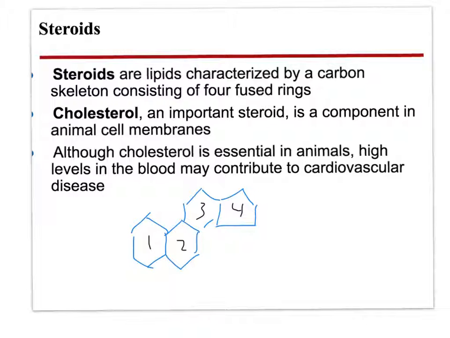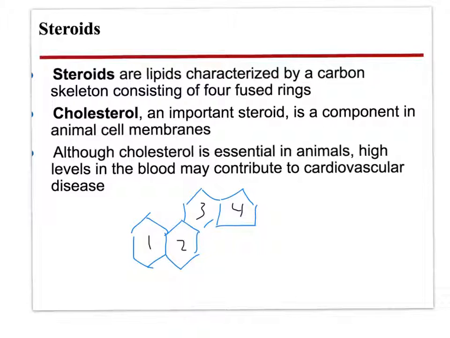Okay, so when we talk about cholesterol, it's going to have this structure and then some different side groups off the end. Okay? And going from cholesterol to testosterone is going to change some bonds inside here and the side groups. And then going from testosterone to estrogen, the side groups change again. And if we look at progesterone, the side groups change again. Okay? But they all have this structure. The carbon skeleton stays the same.